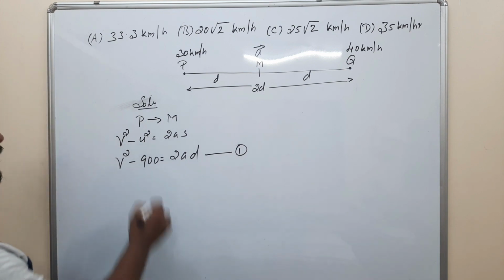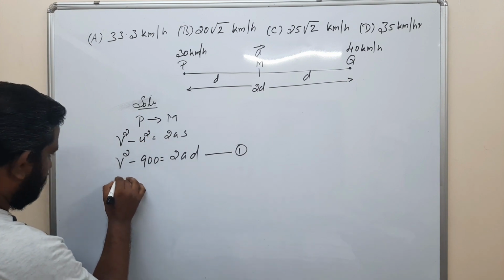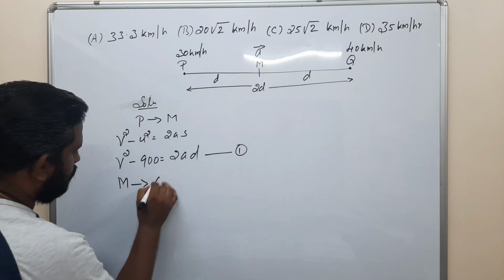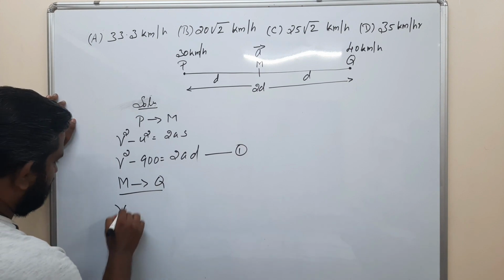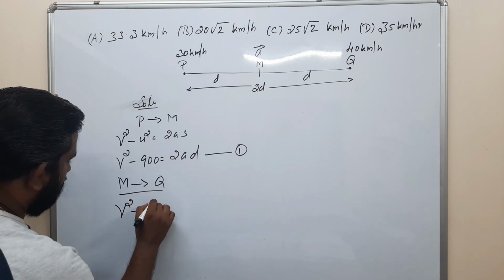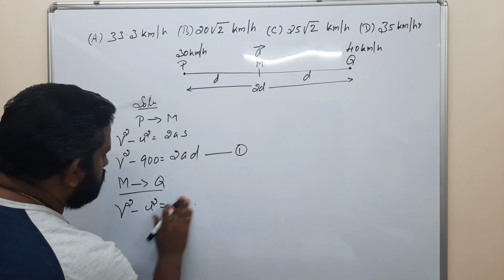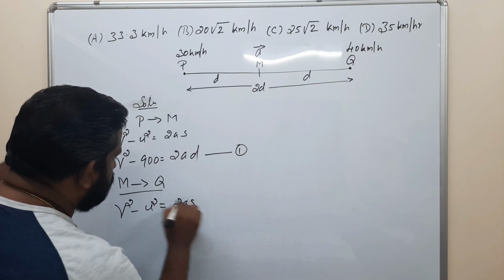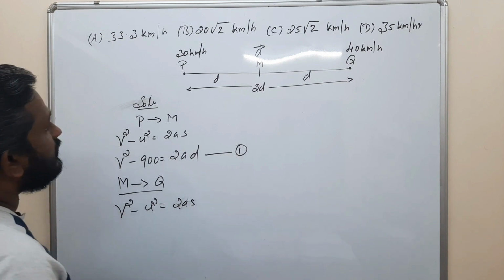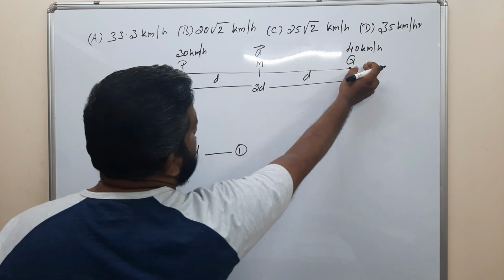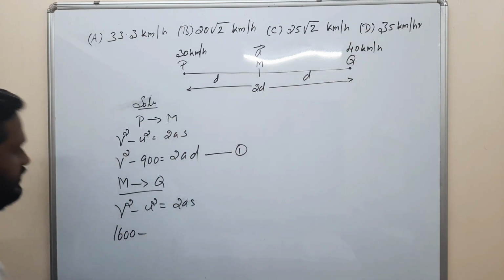Next I am considering the motion of the car from M to Q. I am using the same equation, V square minus U square is equal to 2AS. What is V square? That is the final velocity at the point Q, 40 square, that is 1600, minus U square.